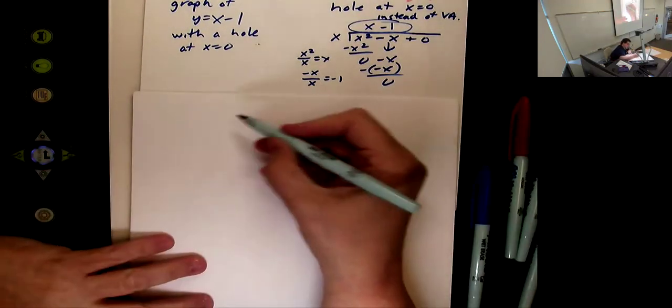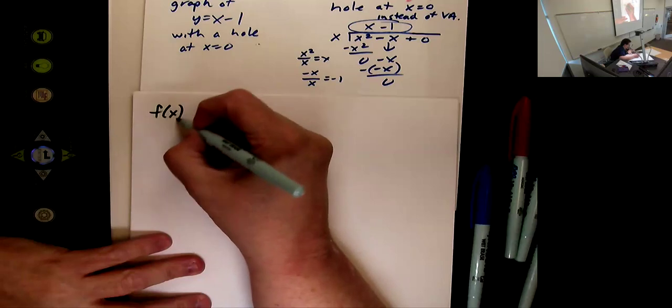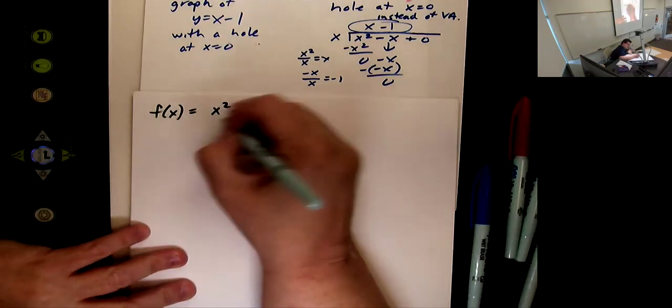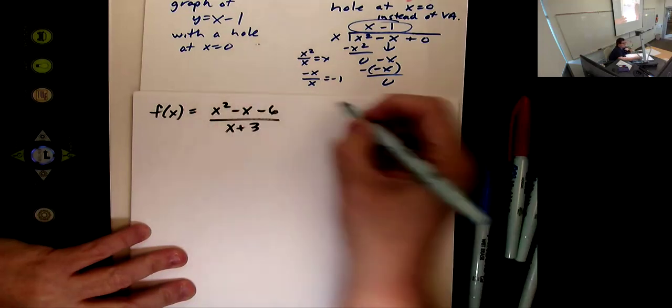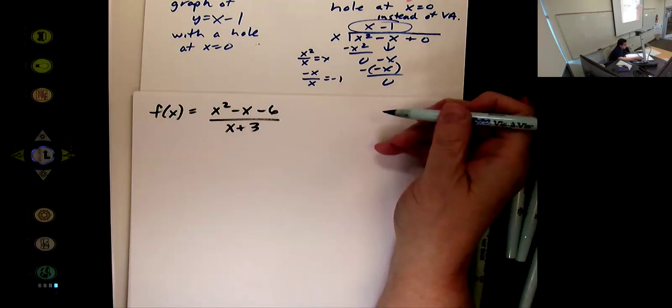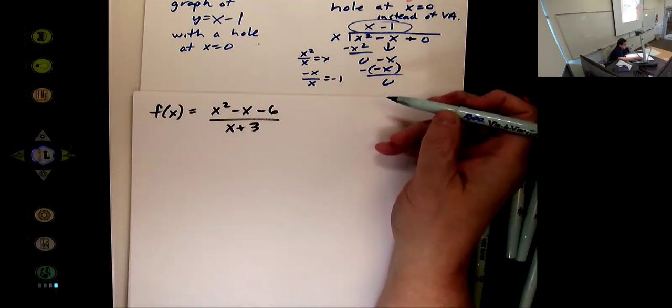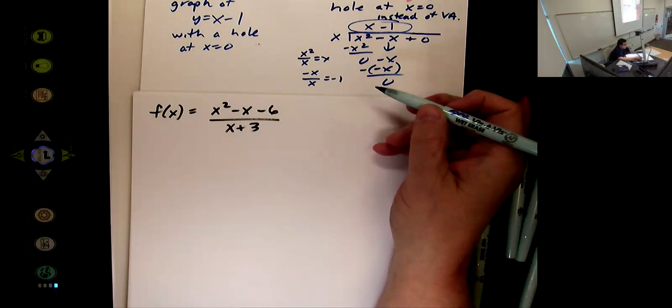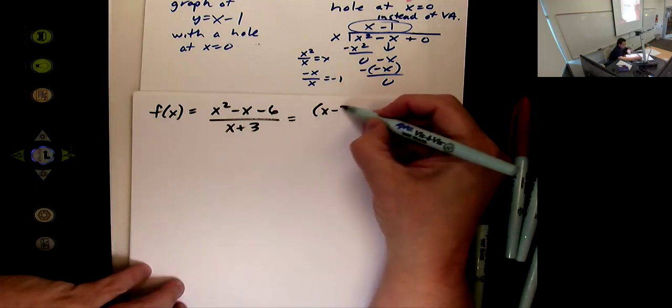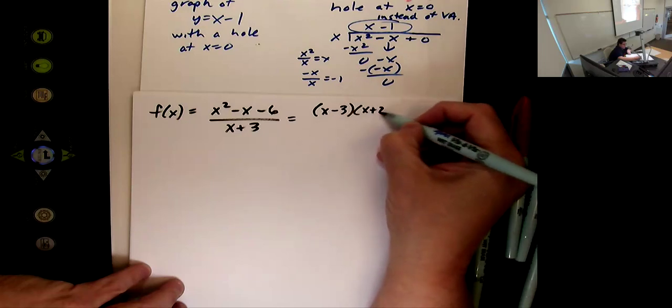Let's take a look at f of x equals x squared minus x minus 6 over x plus 3. And if you want to factor it, you'll see that nothing cancels out.